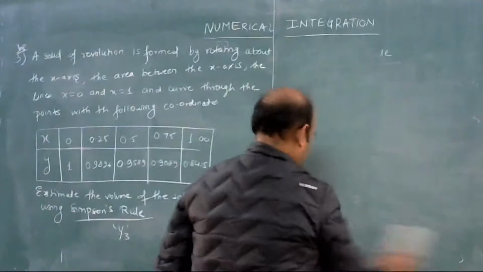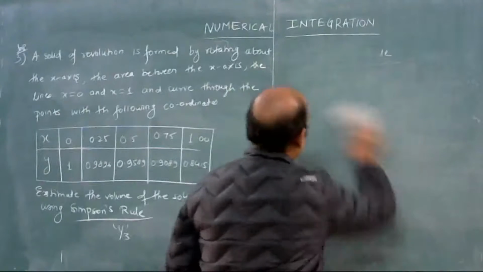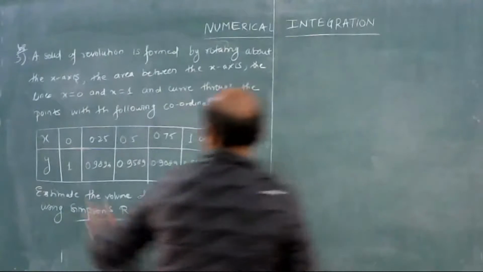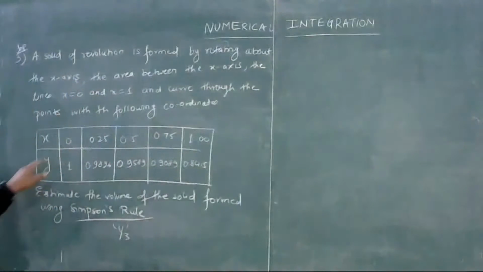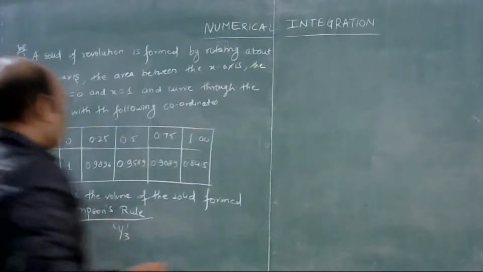So value of x is extending from 0 to 1 and we got different values of y. Okay. So first we have to find the value of h. Okay.